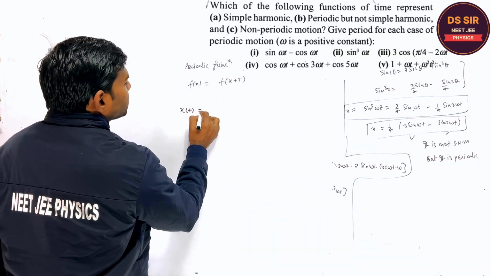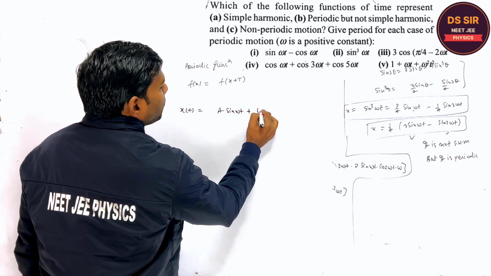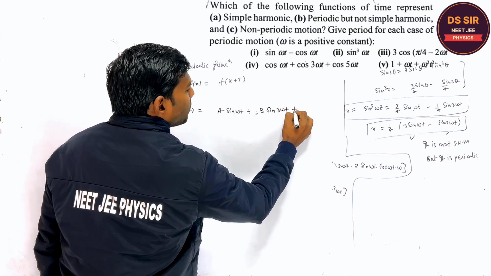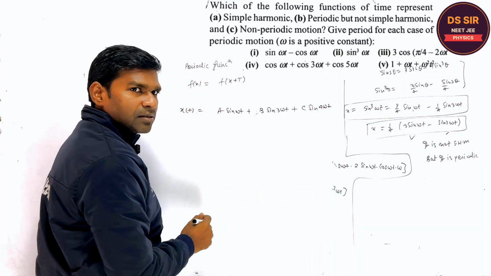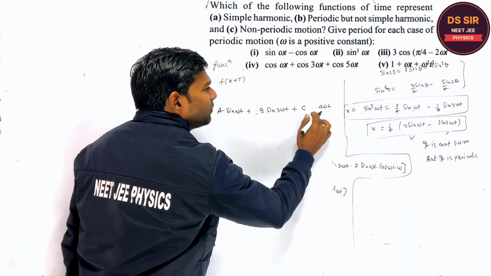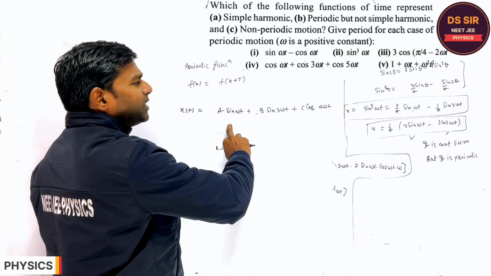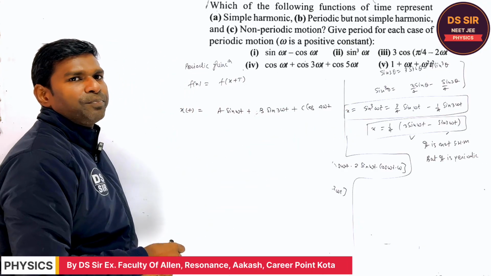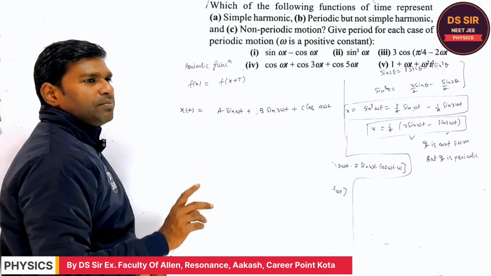So if some trigonometric function is like this: a sin omega t plus b sin 3 omega t plus c sin 4 omega t, like this, with omega t, 3 omega t, 4 omega t, 5 omega t, or instead of sine it may be cos. Are you getting or not? Whether it is sine or cos, when terms of different frequencies are added, it is always a periodic function, and it is not SHM. That is another thing.